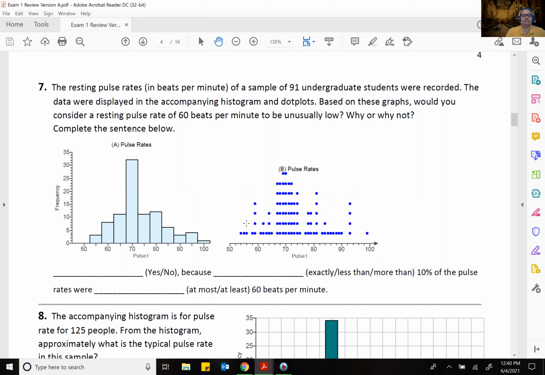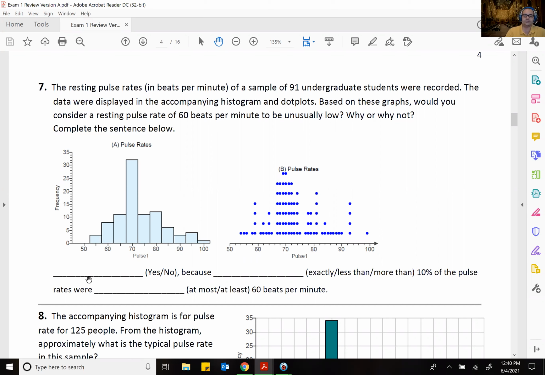That's less than 10%. That's unusual. Because if you look at the rest of the dots, we're all up here around the 70 mark. So that's why this answer has to be yes. I get more information from the dot plot than I usually do from the histogram.